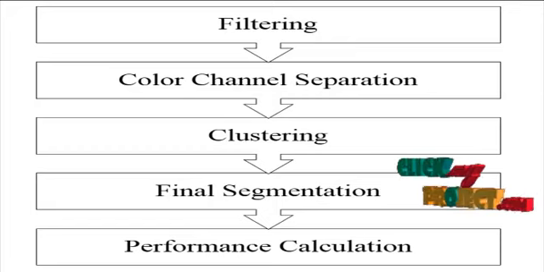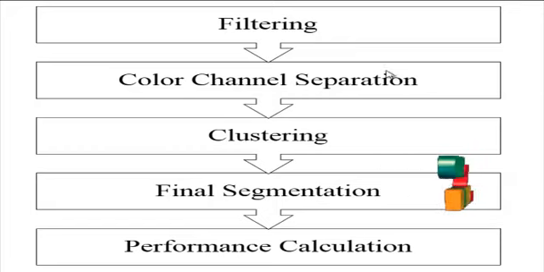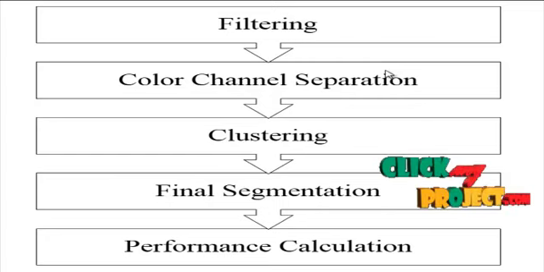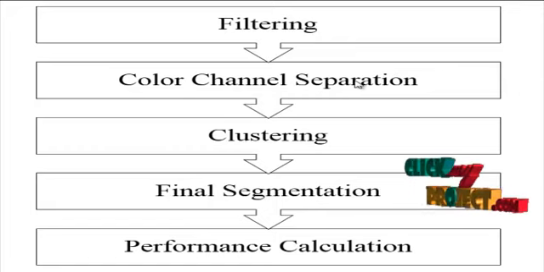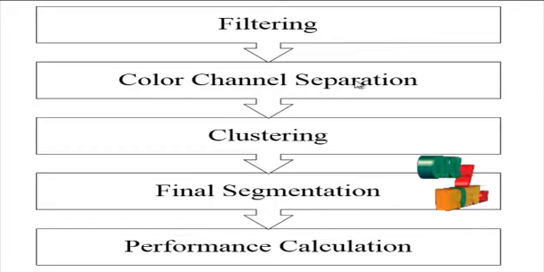After that, the color channels were extracted from the images. After the color channel separation, the red, green, blue intensities of each image were identified separately, and the overall intensities in each region were identified.